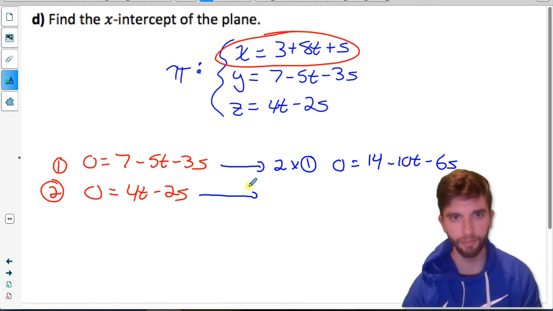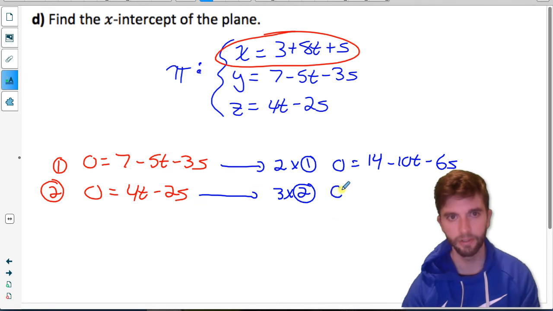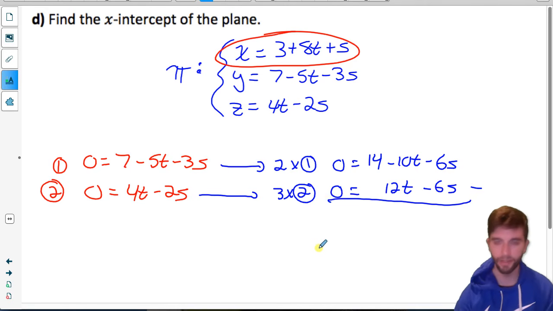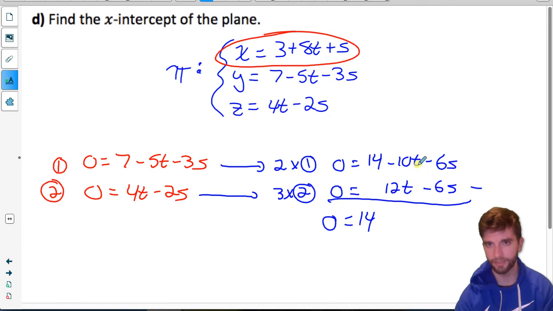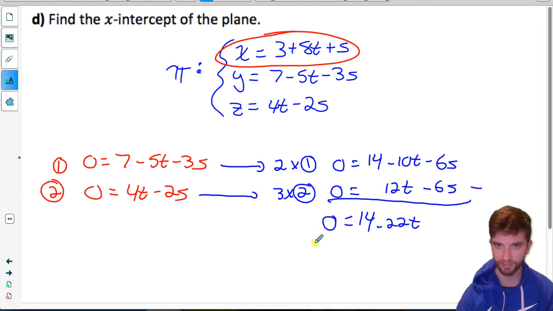And I'll multiply the bottom equation by 3: 0 equals 12t minus 6s. And then if I subtract the like terms in these equations, the s variable will eliminate. 0 minus 0 is 0. 14 minus nothing is 14. Negative 10t minus 12t is negative 22t. Negative 6s minus negative 6s is 0s.